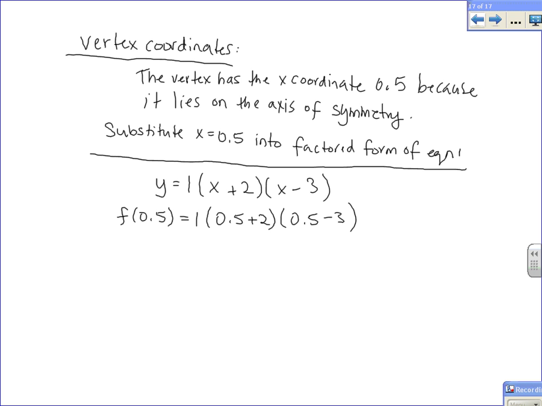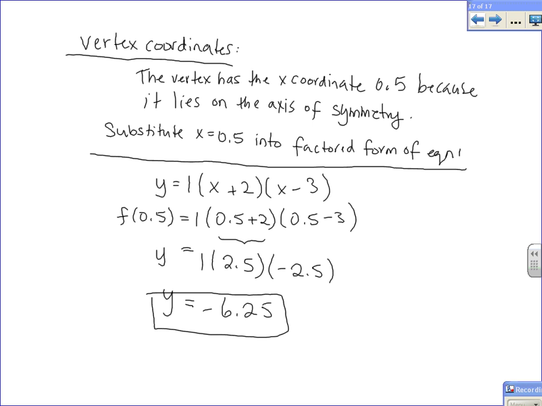All right, let's clean up what we see in the brackets. 0.5 plus 2 is 2.5, multiplied by what I see in the second bracket. 0.5 minus 3 is negative 2.5. So now I have y is equal to 2.5 times negative 2.5, which is going to give me negative 6.25.